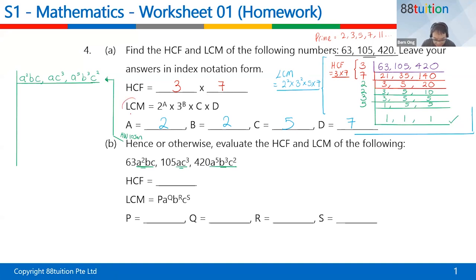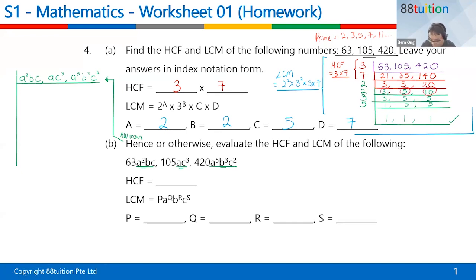Then the question asked me to find the LCM, so I have no choice but to go further. I have to restart the prime numbers with a 2 again. At this moment, there's a 20. 20 is an even number, so the only way to break 20 is with an even prime number, which is 2. You divide by 2, you get 10.